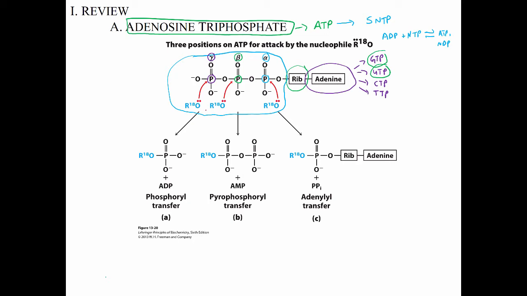Now, one of the things that I want to mention in regards to these phosphate groups is that that phosphate is extremely electrophilic. It's a great electrophile because the electron drawing power of the oxygens that surround it make it a fairly electron deficient atom. That then makes it susceptible to nucleophilic attack by one of many nucleophiles, oxygen being the most common that's used, although nitrogen is another one that's used as well.